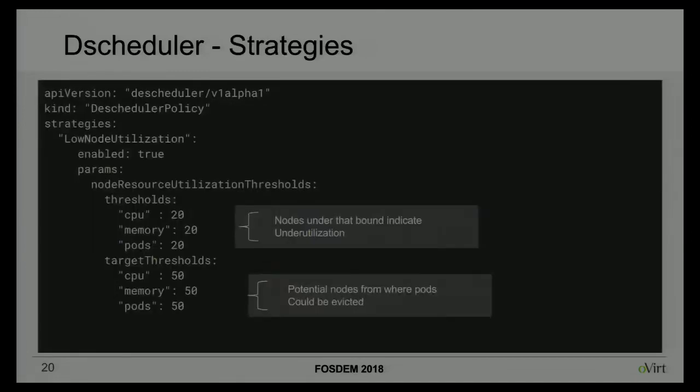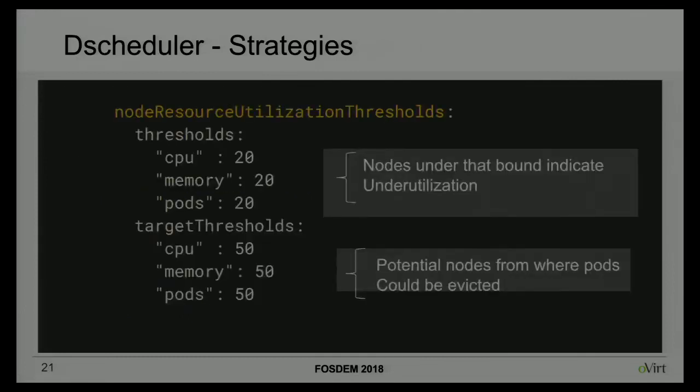Again, because we keep repeating that Kubernetes is declarative, the scheduler also gets a declarative file with that specific policy. For the example of low utilization, I'll zoom in a bit. We define specific thresholds for low utilization.